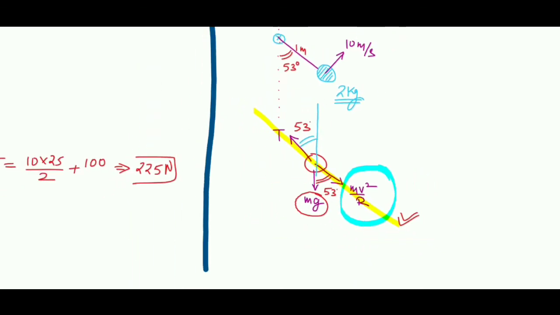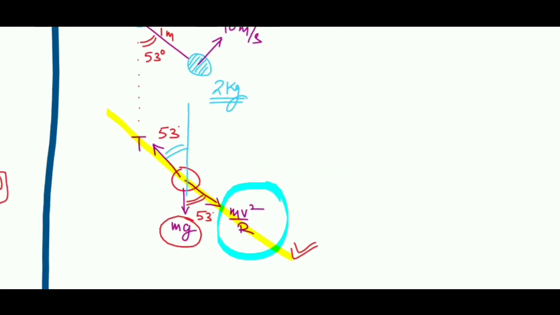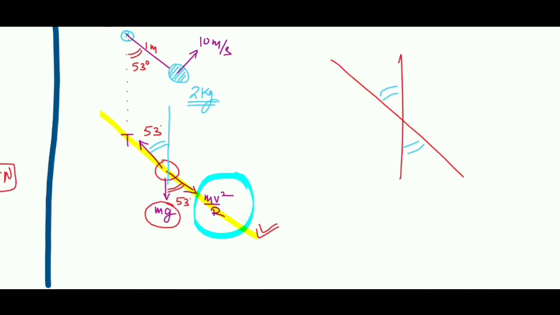Basic mathematics. Those who have not understood, let me draw one figure over here. The situation is something like this. This angle I am writing equal to this angle in the second part. I have written 53 degree because of this logic.